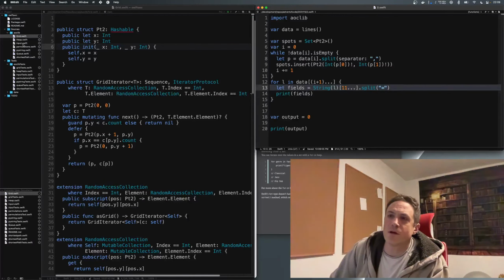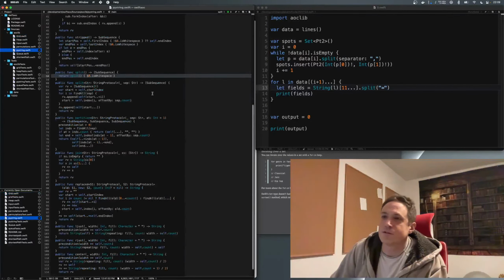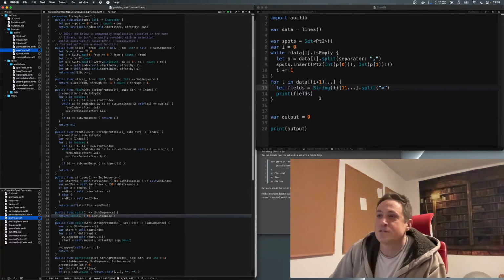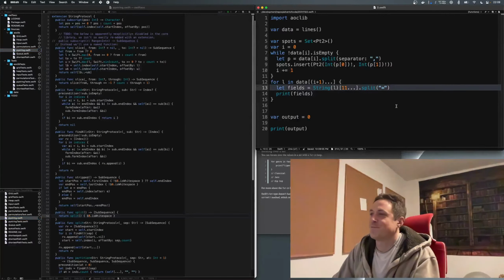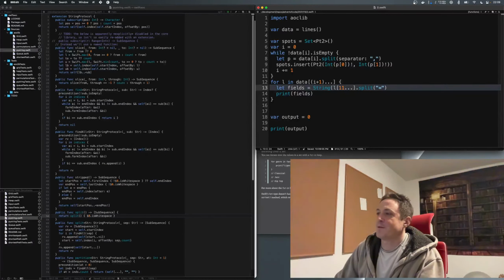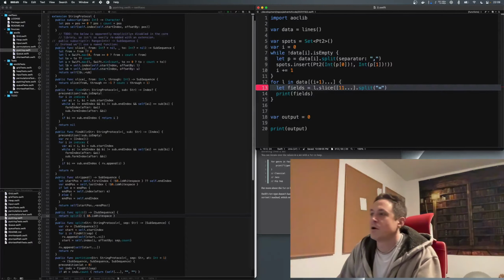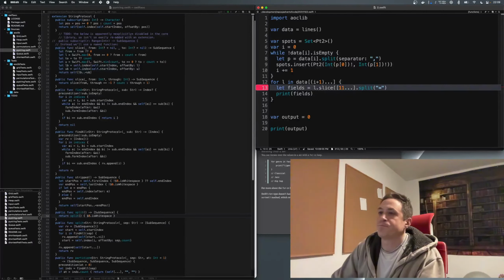Oh, that's right. You know, I tried to write this function. I mean, now we're not even going for time. We're just trying to figure out. So, slice. There. Here we go. Slice from.